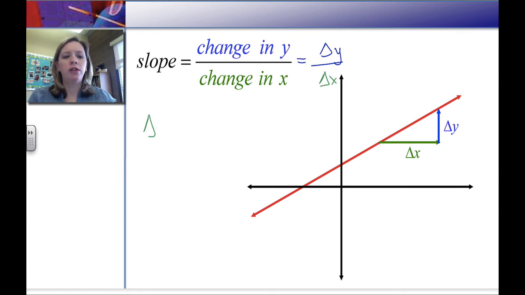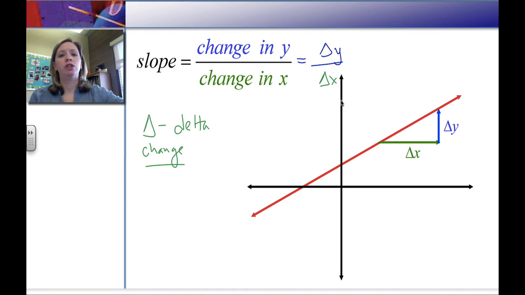And this little triangle here is the Greek letter delta. And in mathematics and all sorts of different things, delta means change. So it's a nice little shorthand way for us to say the change in y divided by the change in x. It's a ratio. It compares how fast y is changing to how fast x is changing.